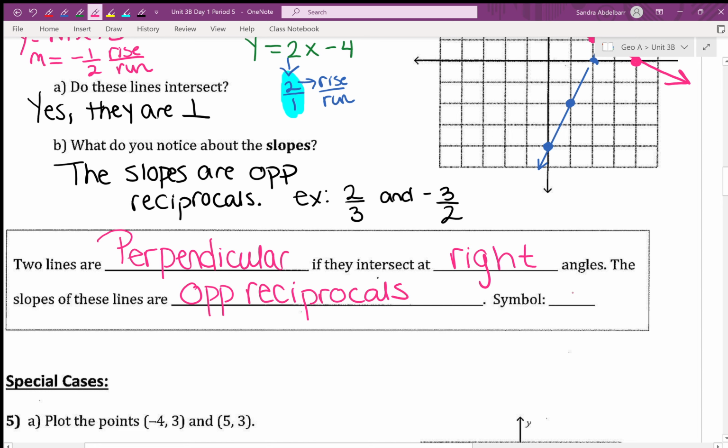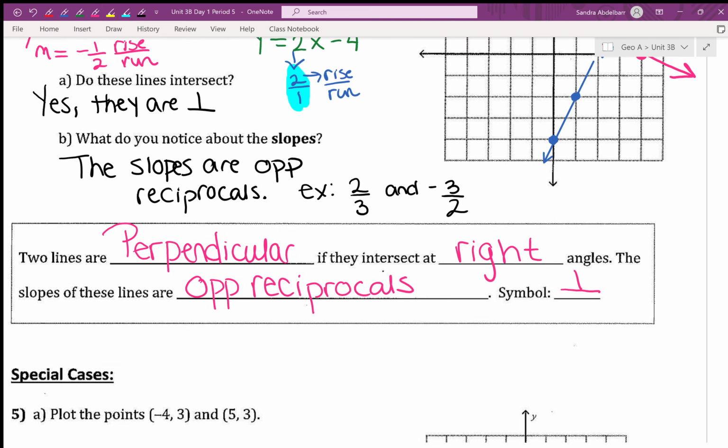And the symbol for perpendicular, we are all very aware of at this point, is an upside down T. Are we all done copying this? Can we move on to the special cases?